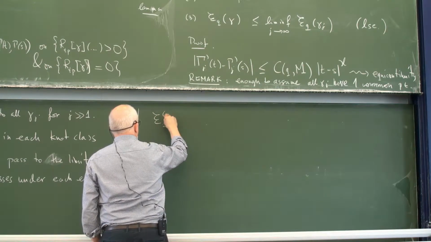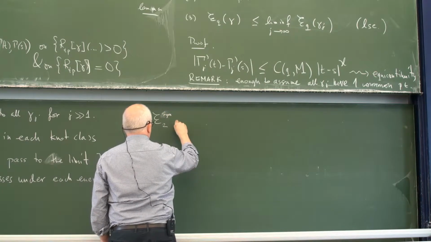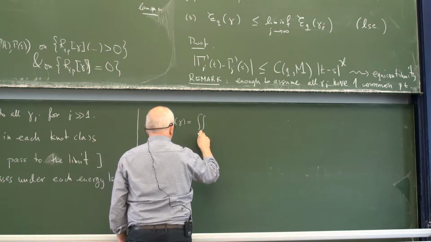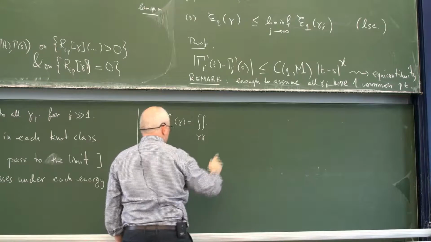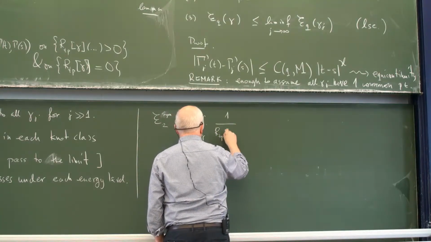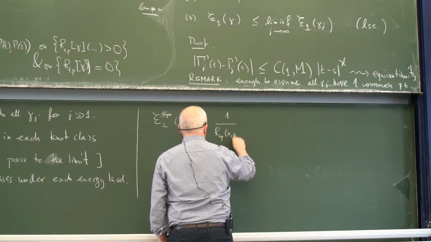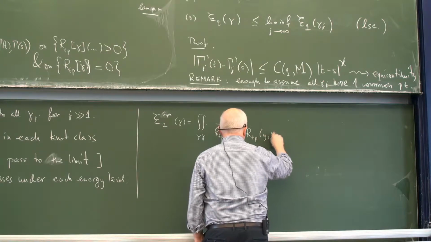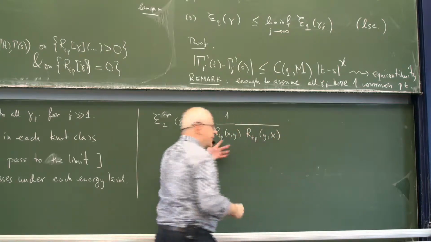The symmetric version of E2 of gamma will be equal to the double integral over gamma of 1 over R_TP(x,y) R_TP(y,x). This R_TP is not symmetric.